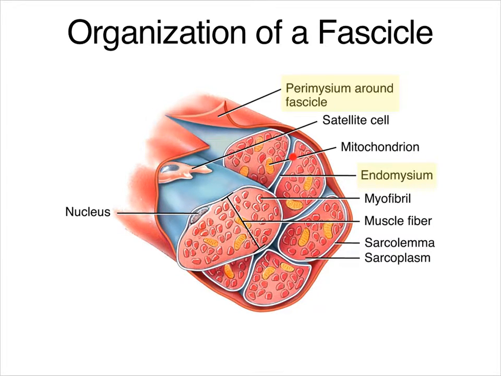The muscle fibers are going to be coated with the endomysium, which is that reticular fiber-based coating. Most of these muscle fibers have their nuclei stuck off to the side. They may or may not have mitochondria abundantly inside of them. Some of them actually don't have very much mitochondria at all.